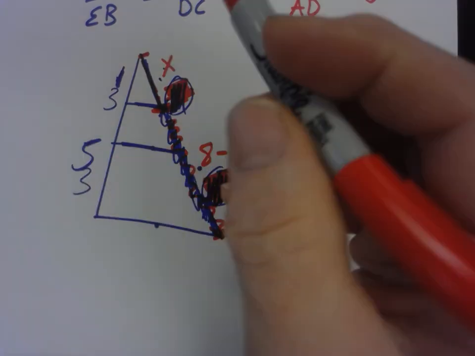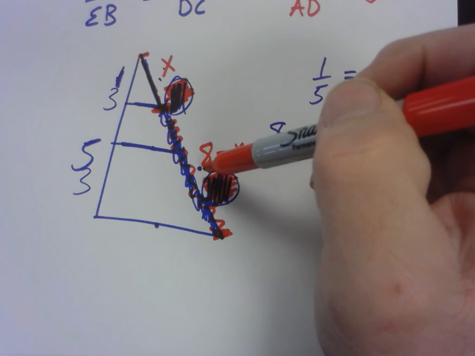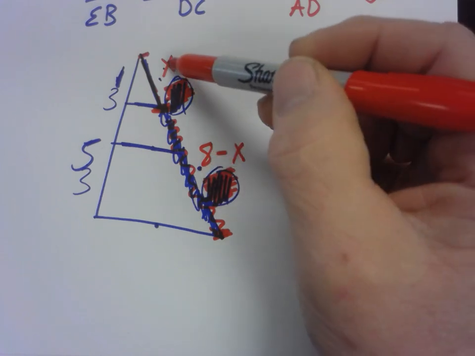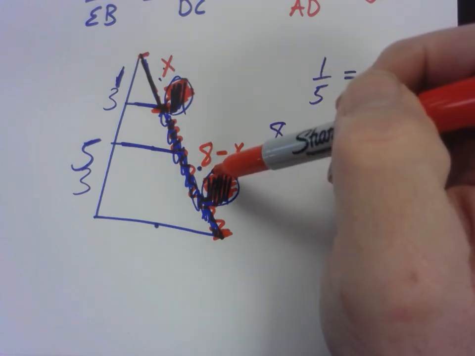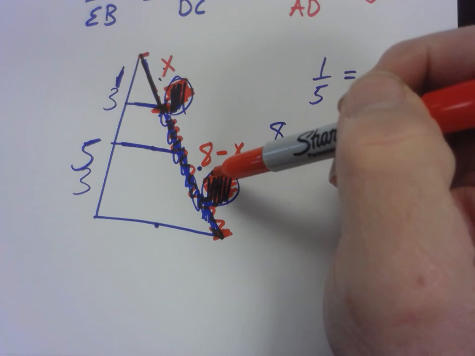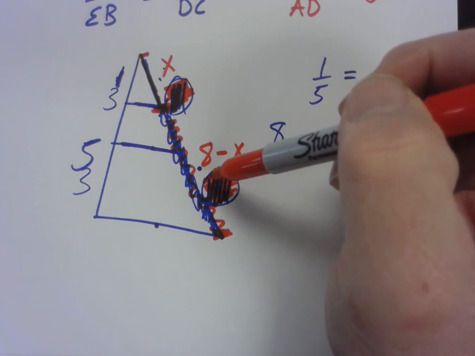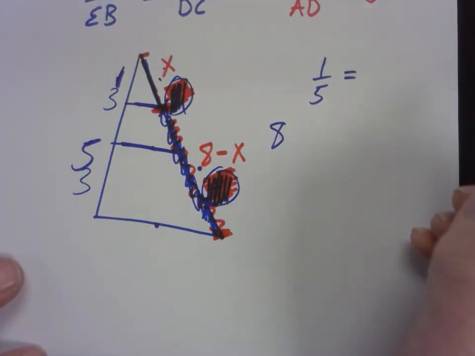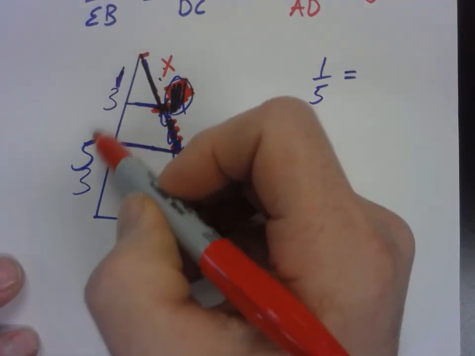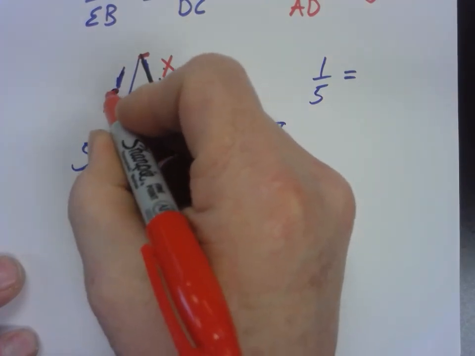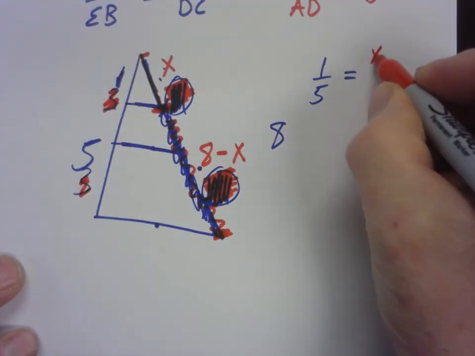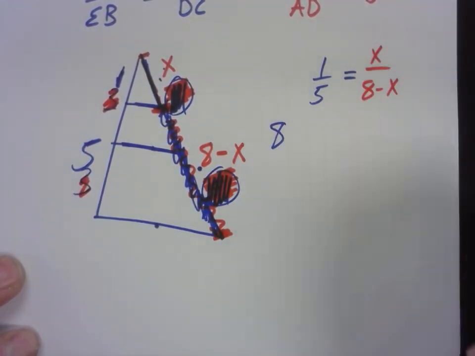I mean, two different things. I don't know how long either of them are, but I gave them both a name, and I only used one variable. Can you see how that's a really good thing? That is a good thing. And so now we know that 1 over 5 has got to equal X over 8 minus X.